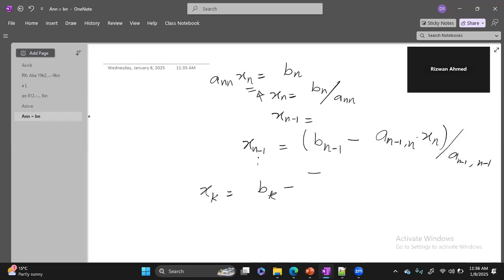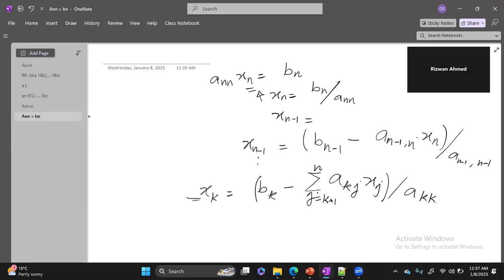So they will be written in a summation like akj xj, where j comprises all the indices from k plus 1 up to n, and divided by the diagonal entry with the xk, which was akk, right? So if you can identify the elements of a matrix, then this is pretty straightforward.